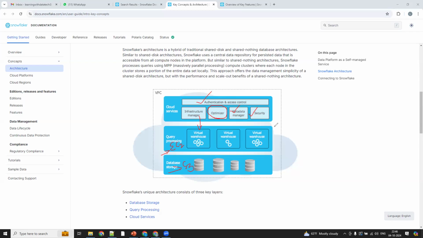Okay, what I would say is all three layers are independent of each other. That is the beauty of Snowflake. If you keep on increasing the number of users, you don't need to increase the storage, and you don't need to increase the compute power here. All these are independent of each other.